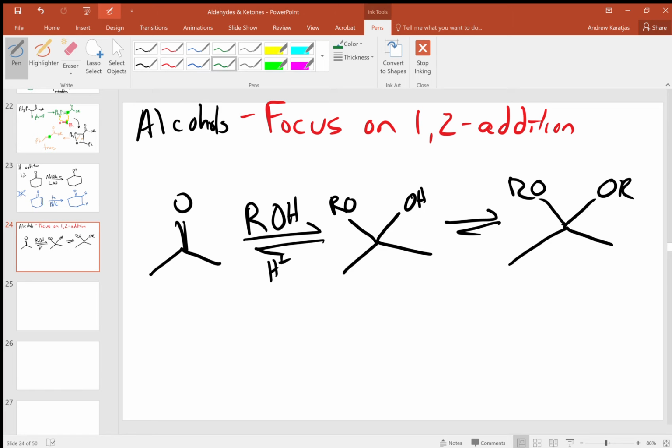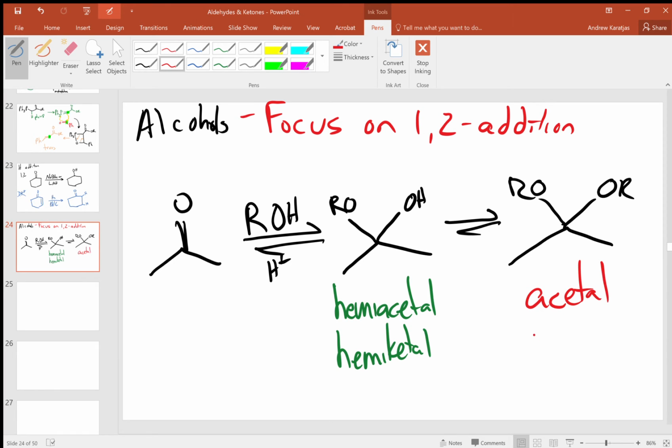The names for these are, the middle one here is known as a hemiacetal or a hemiketal, and the one on the right is known as an acetal or a ketal after two additions.